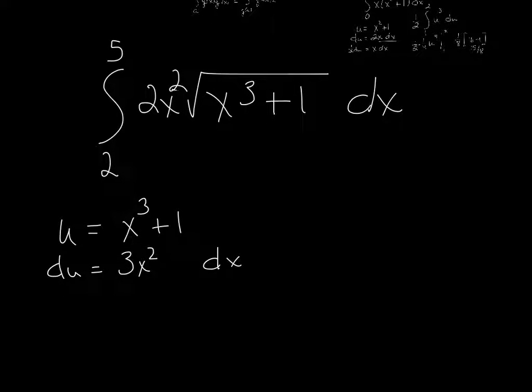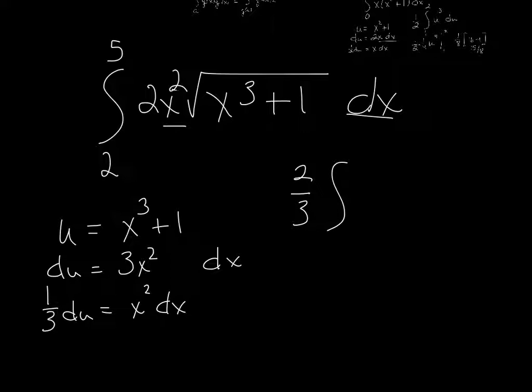No, you don't. What do I not have? 3. So it would become 1/3 du equals x squared dx. And I can move that 2 to the front. So we'd have 2/3 u to the 1/2 du. Now let's get our new limits. What's the new lower limit going to be?